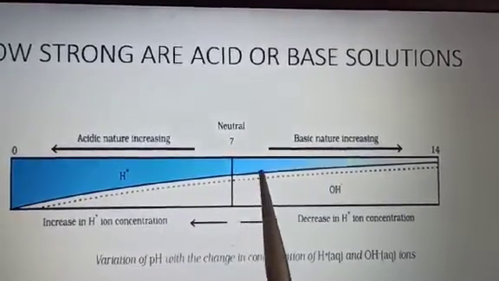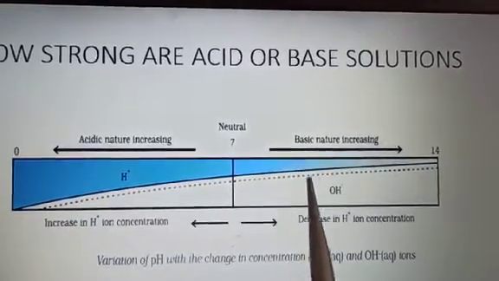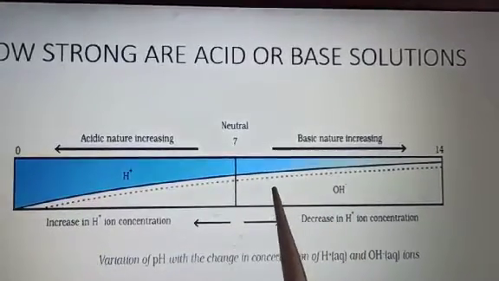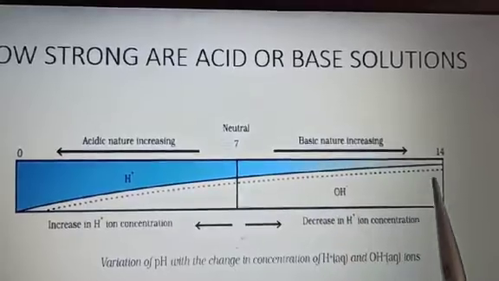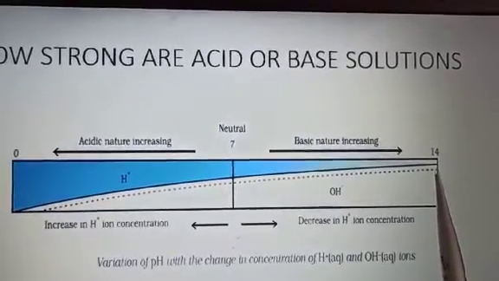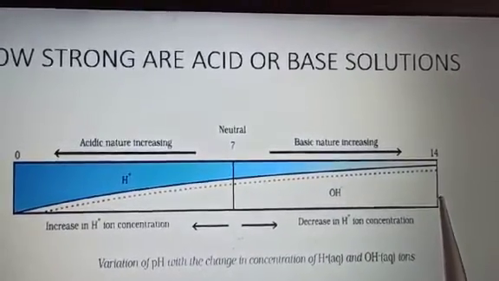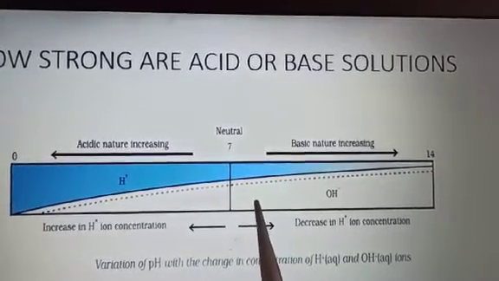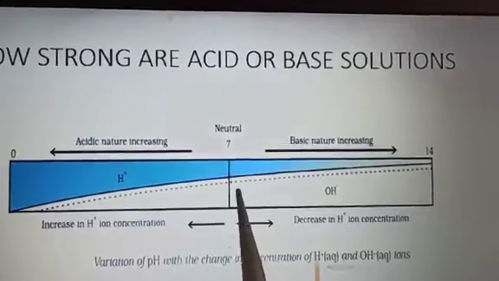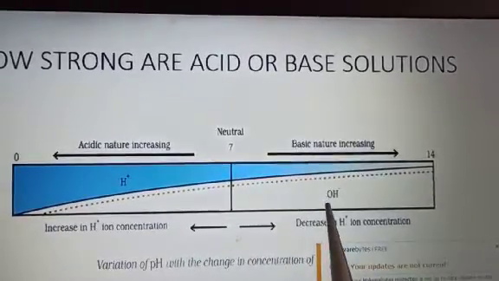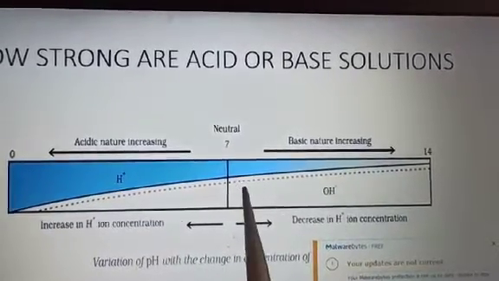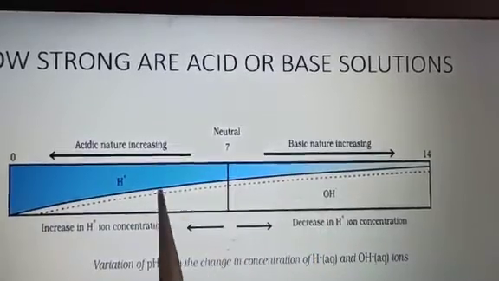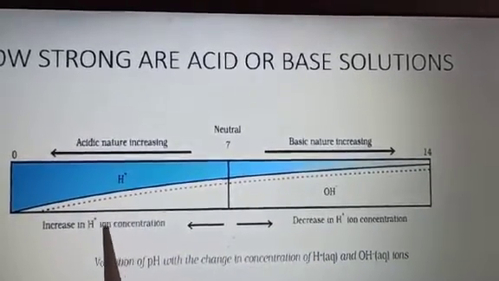After that, the basic or alkaline nature increases. If the OH- ions are maximum, it is the most alkaline, most basic, and near 7 it is less basic in nature, right? After 7 we say the substance is alkaline or basic, and before 7 we say the substance is acidic, right?